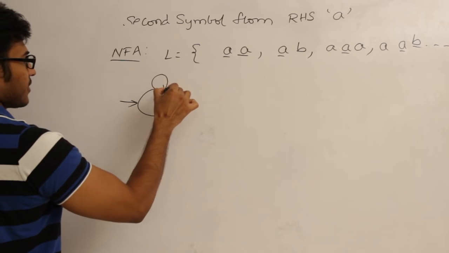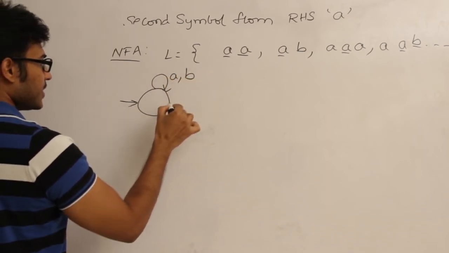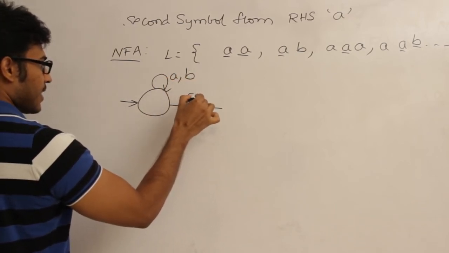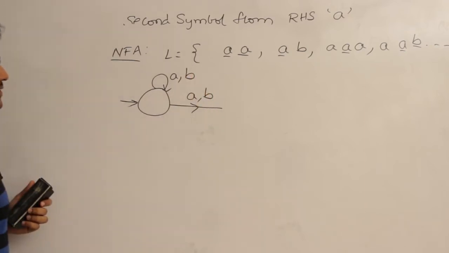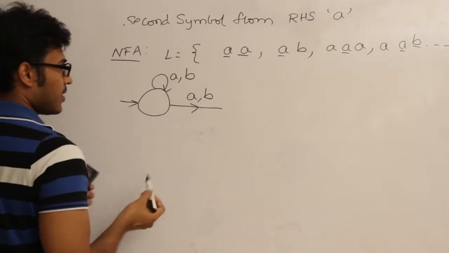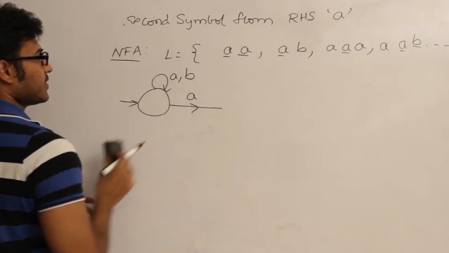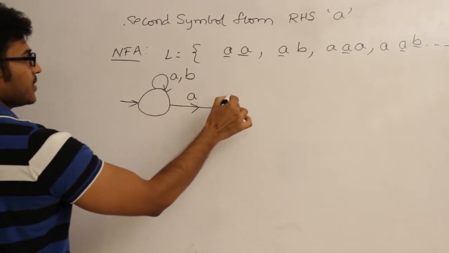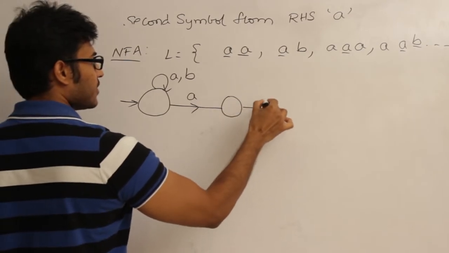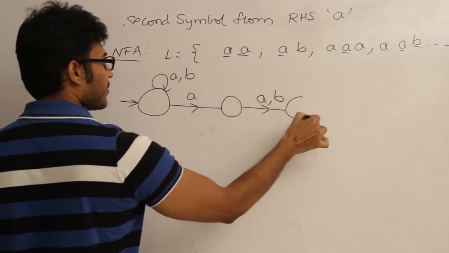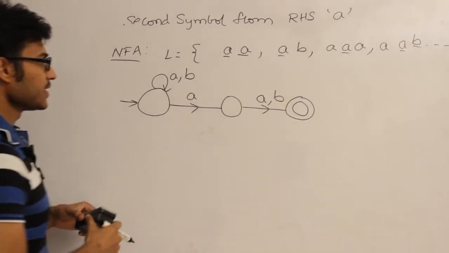I don't care whatever I see in the beginning. Let us say this is the second symbol. Second symbol from RHS has to be A, followed by A or B. I am going to accept it. It is as simple as that.